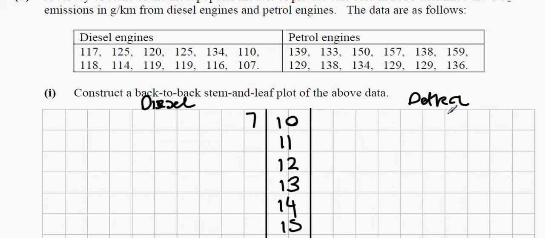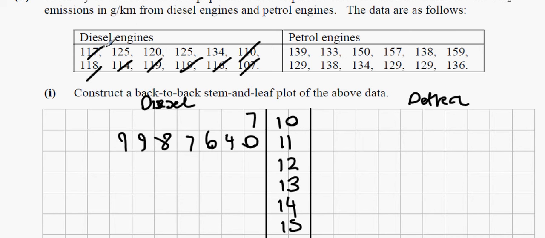Okay, then we have 110, 4, 6, 8. Oh, sorry, there's a 7 in there as well. 6, 7, 8, 9, 9. Okay, so these are all the 110s.